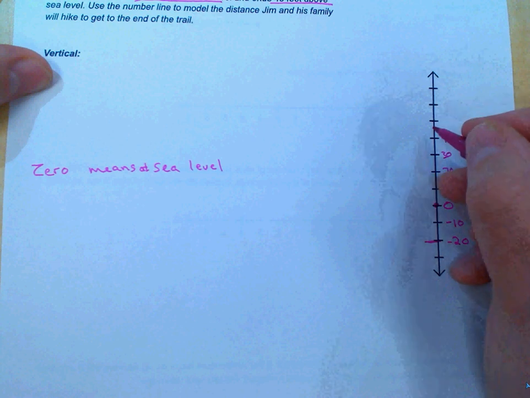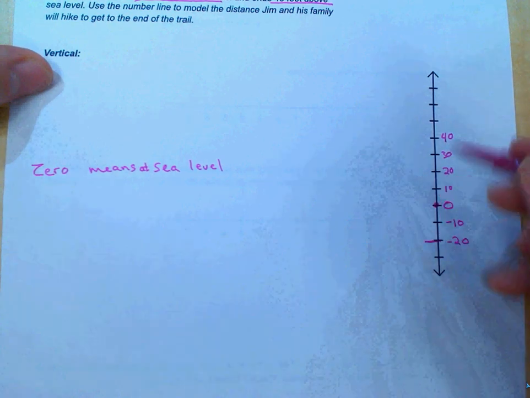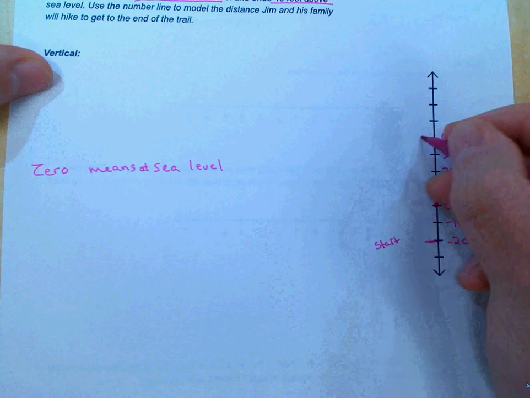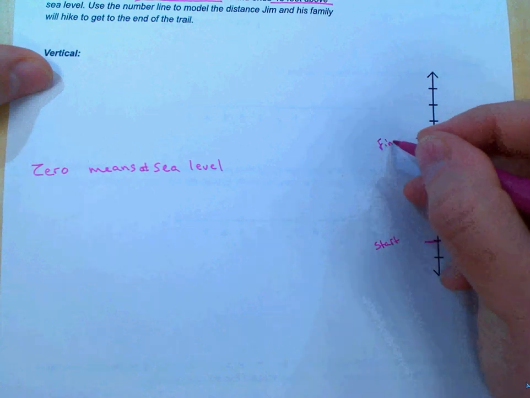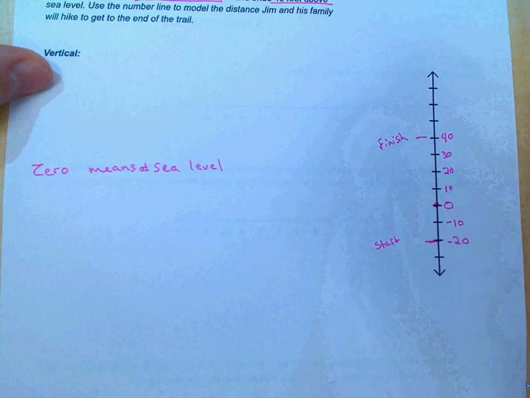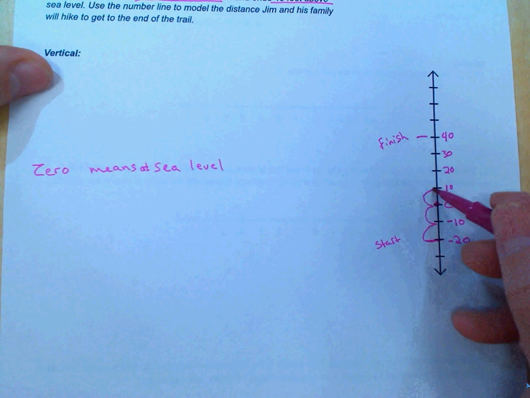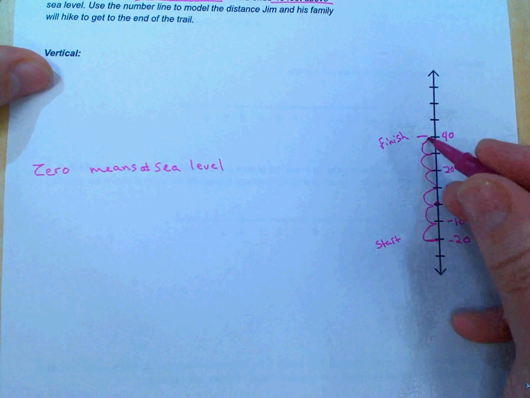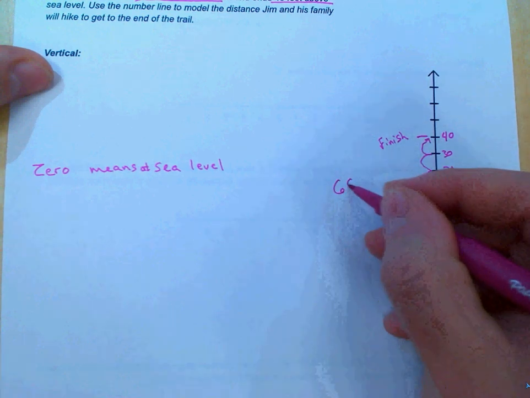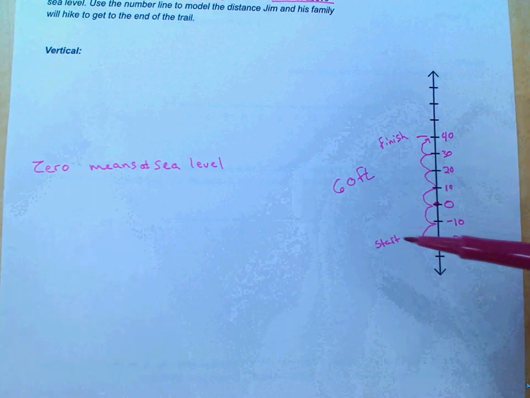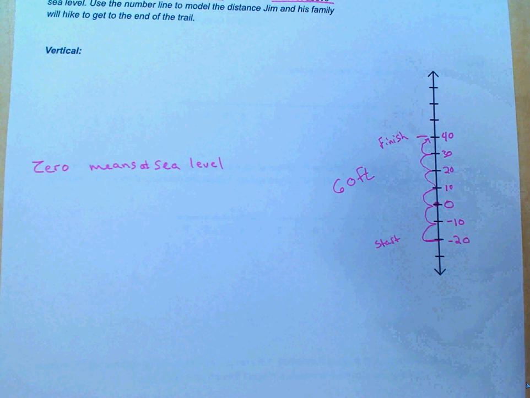This is where we start, and this is where we end. So we're traveling 10, 20, 30, 40, 50, 60 feet. So we've traveled vertically 60 feet higher than when we started.